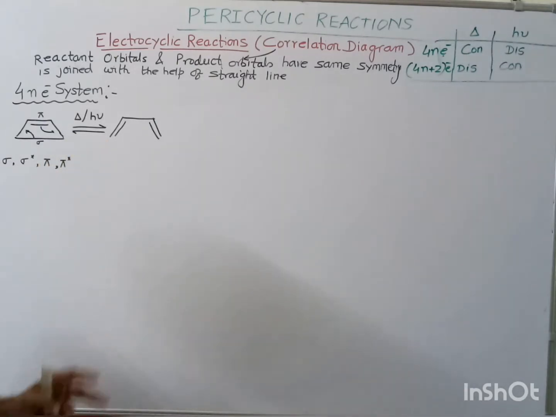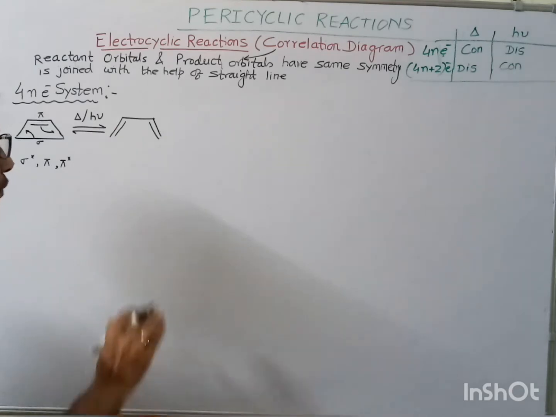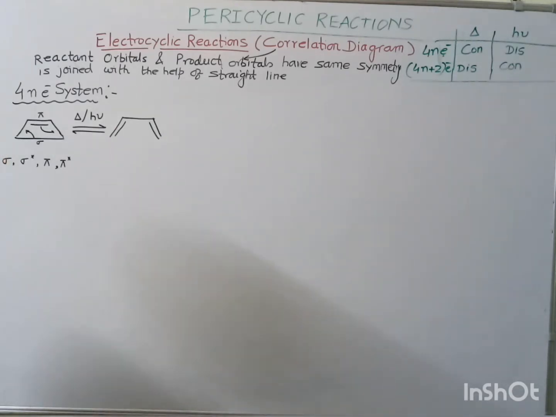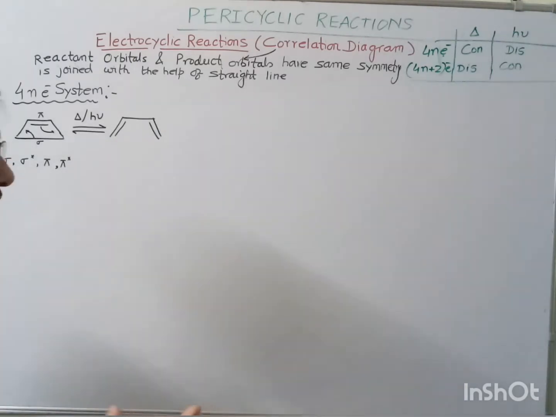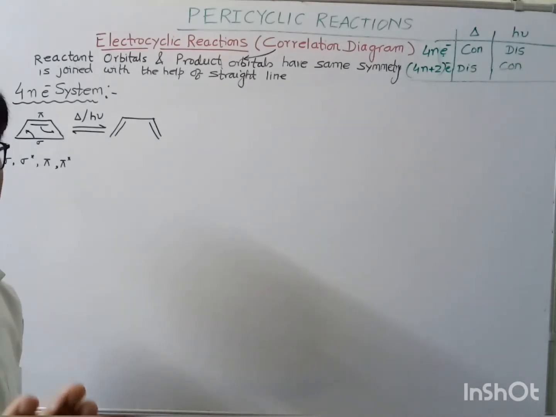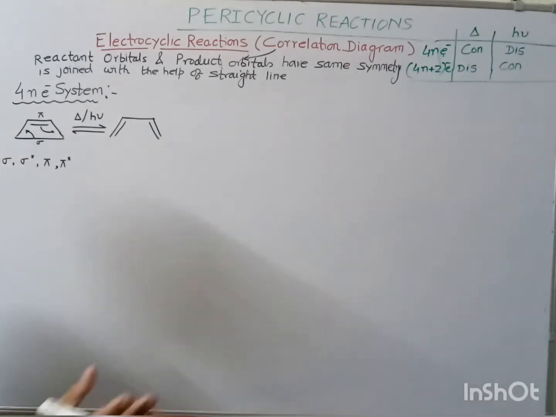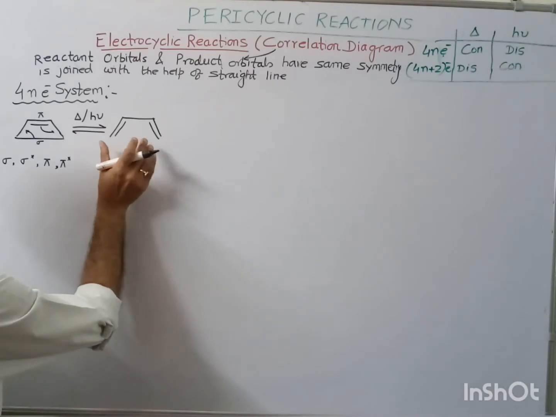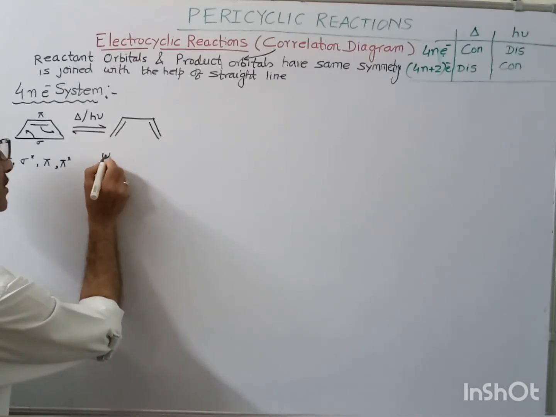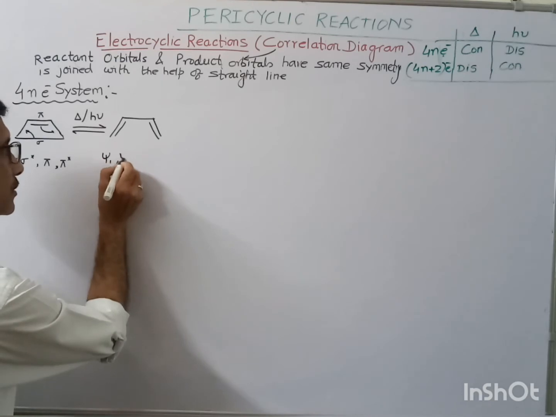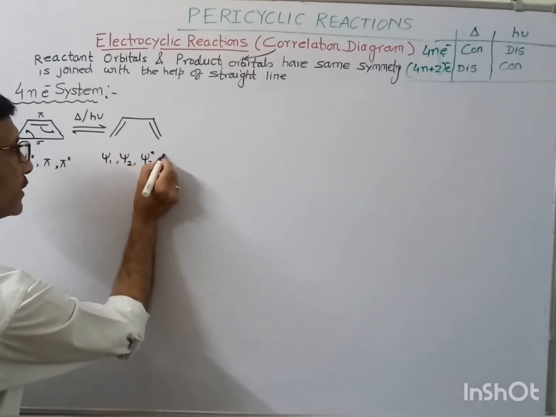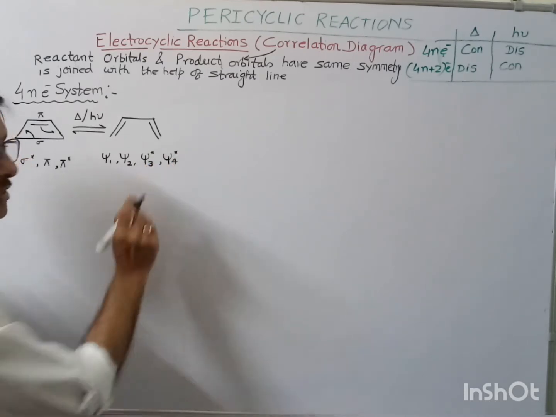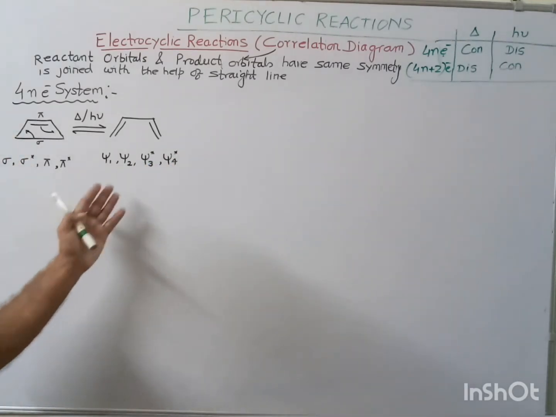In the product, which is butadiene, all the molecular orbitals of butadiene are involved, and we have seen the construction of molecular orbitals for butadiene. We can assign these 4 molecular orbitals as psi1, psi2, psi3 star and psi4 star. So these molecular orbitals are involved in the product.